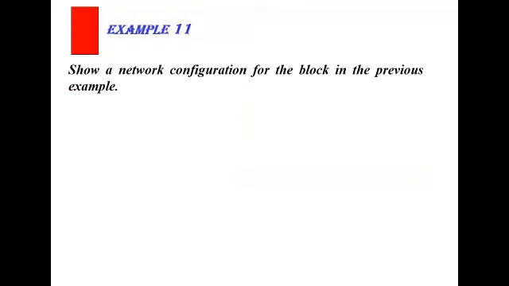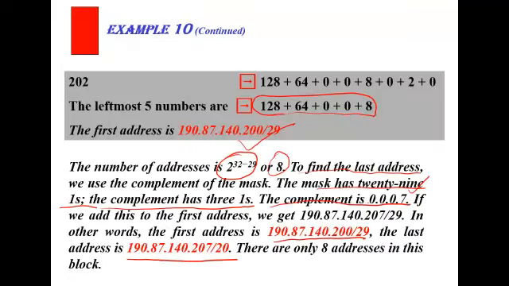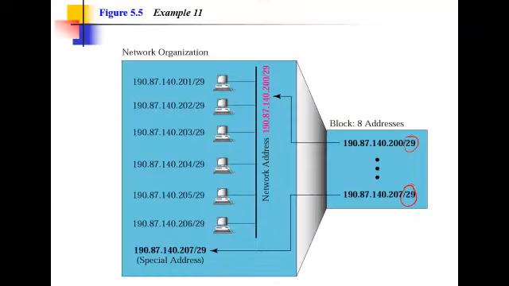Now show a network configuration of this previous example. So you can create the diagram. The overall address block range is this /29. I think the value written in this particular slide was wrong. It will be 29, treat it as a 29. Now see the configuration. These are the addresses ranging from 200 to 207. 8 addresses are there.